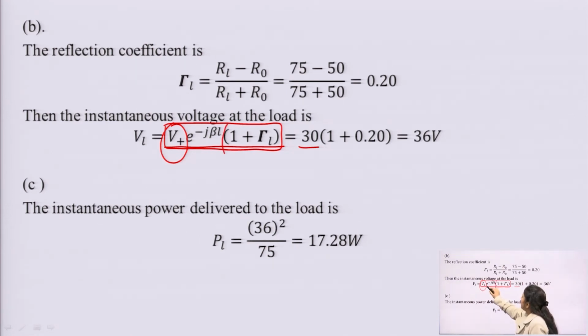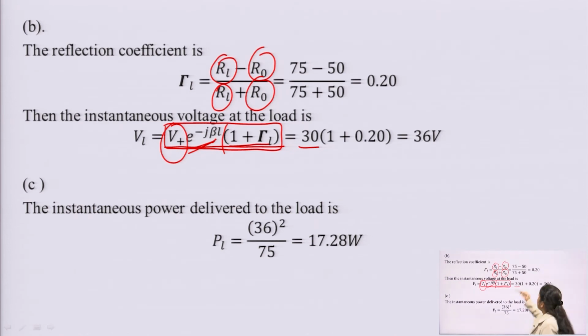We also have to calculate tau L, the reflection coefficient, which is ZL minus Z naught over ZL plus Z naught, where ZL is 75 and Z naught is 50. By calculating and substituting, we will get 36 volt.